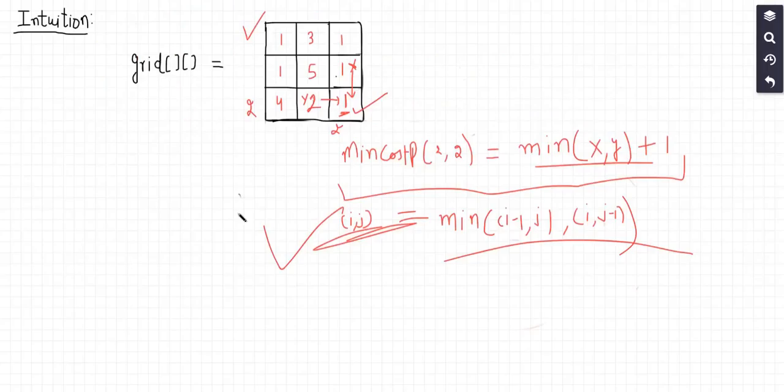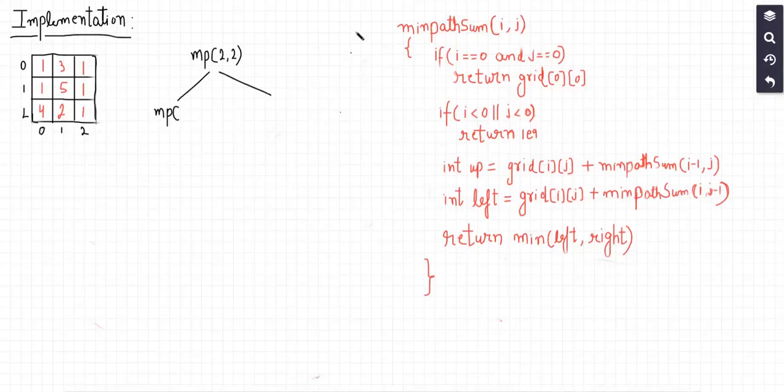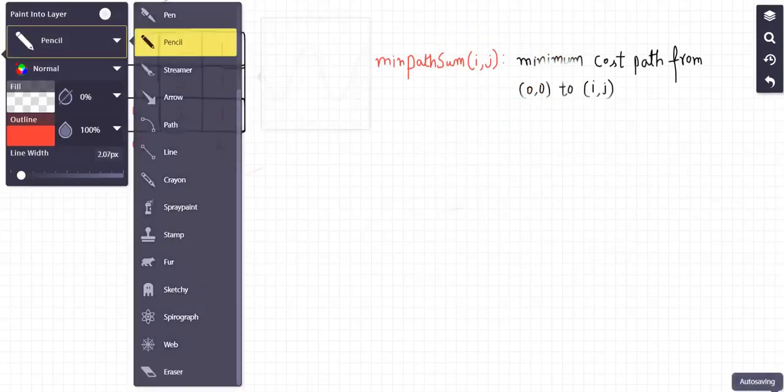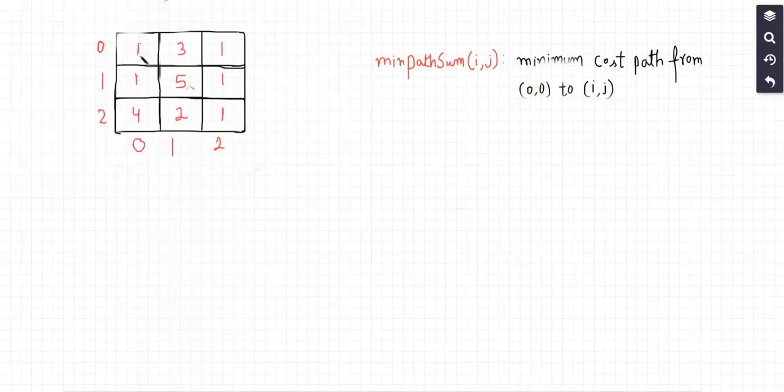Let's see how we can implement this in code. So this is the implementation. Before that, let's understand the base case. The base case is the case when we are standing at the starting location. So I'm standing here, and this is the base case, because to reach this cell, all I require is the value at this cell.